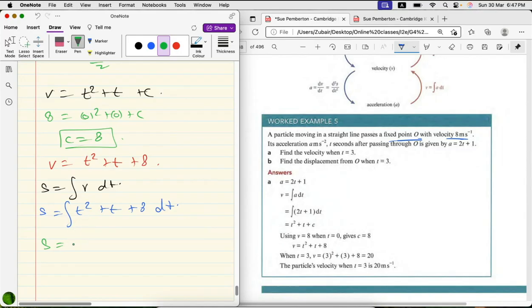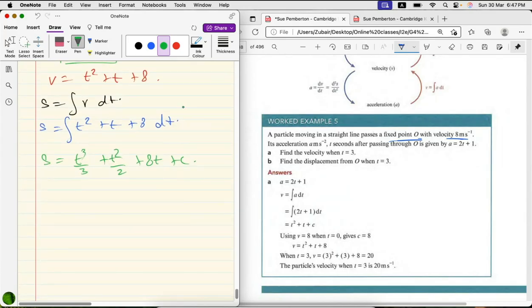So this is t cube over 3 plus t square over 2 plus 8t plus c. And we know at time 0 displacement is 0. Therefore, c is equal to 0. So we now know displacement is t cube over 3 plus t square over 2 plus 8t.